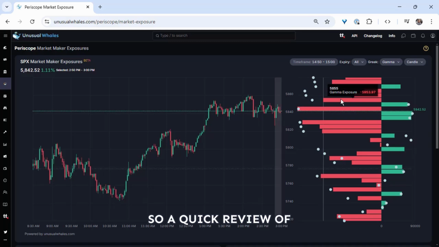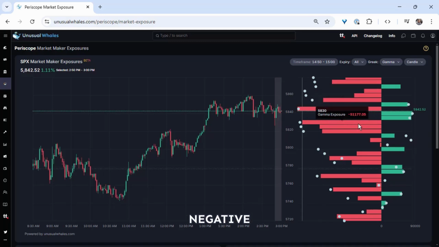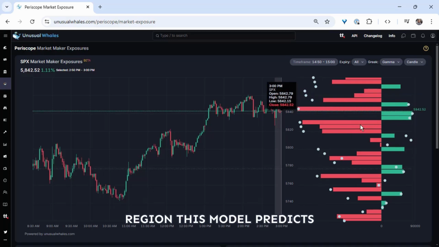So a quick review of negative net market maker Greek exposure, in this case gamma, versus positive net market maker Greek exposure. In a negative gamma region, this model predicts that the market maker needs to delta hedge in the direction of price.